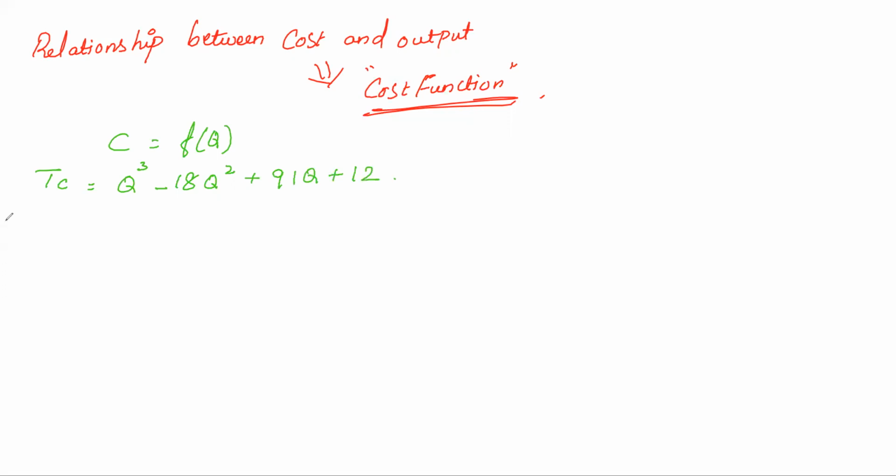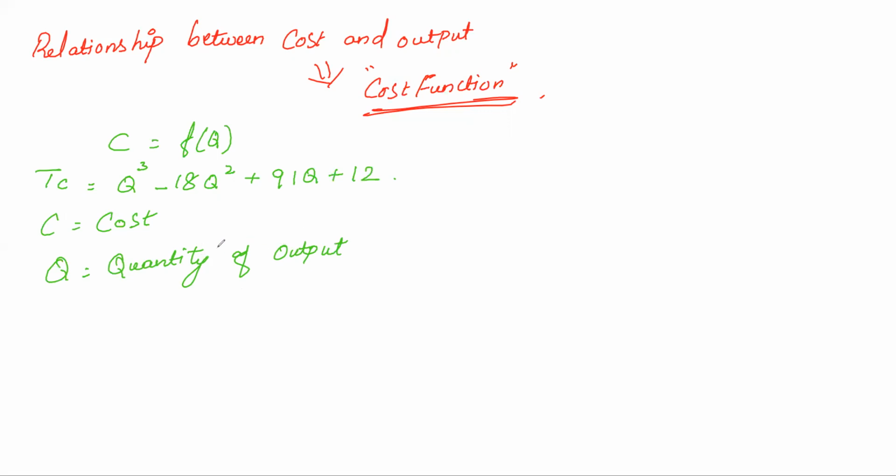Here C is cost, and Q means quantity of output. The cost functions are derived functions because they are derived from the production function.